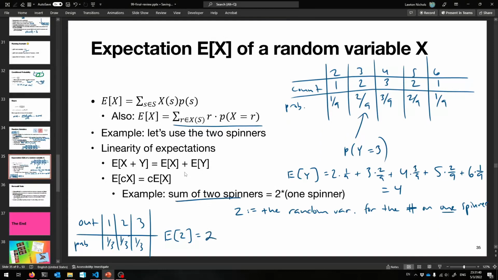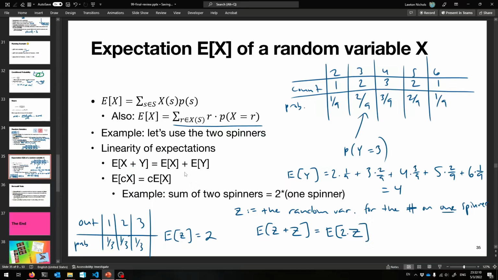And so the expected value of the sum of 2 spinners is the two spinners separately, right? So it's the expected value of z plus z, which is also equal to the expected value of the number 2 times z. Let's make our z's like this maybe, just to show that it's supposed to be not the number 2. 2 times z, and we can bring them all out.